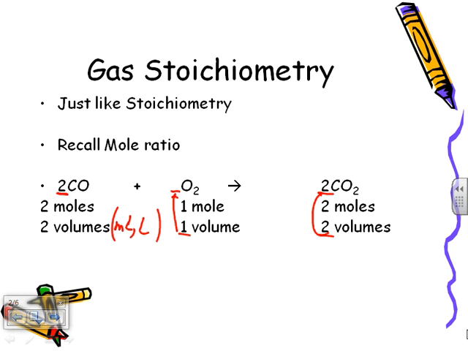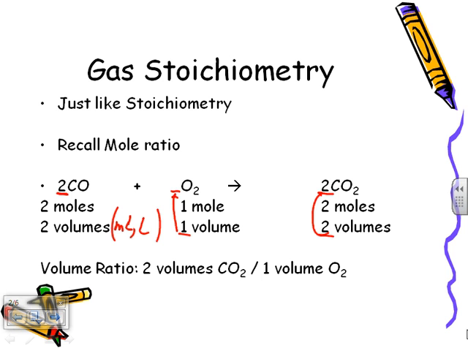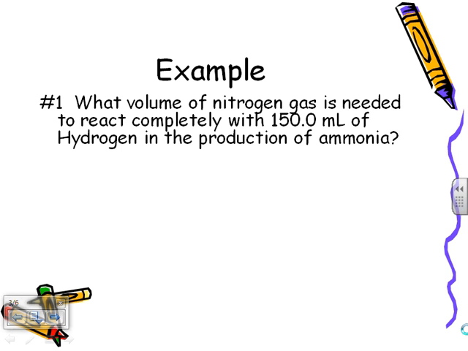Again, we can use liters or milliliters, whatever the problem is written in. So the volume ratio of carbon dioxide to oxygen would be 2 volumes of carbon dioxide over 1 volume of oxygen. Let's do an example.